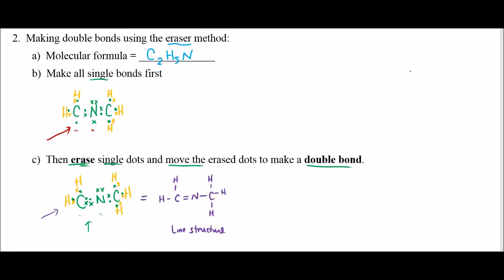Here I'll start you off with a second arrangement of the same atoms, and then I'll ask you to try to make a structure that includes a double bond. Let's try this. C, 4 dots. Second C here with 4 dots.